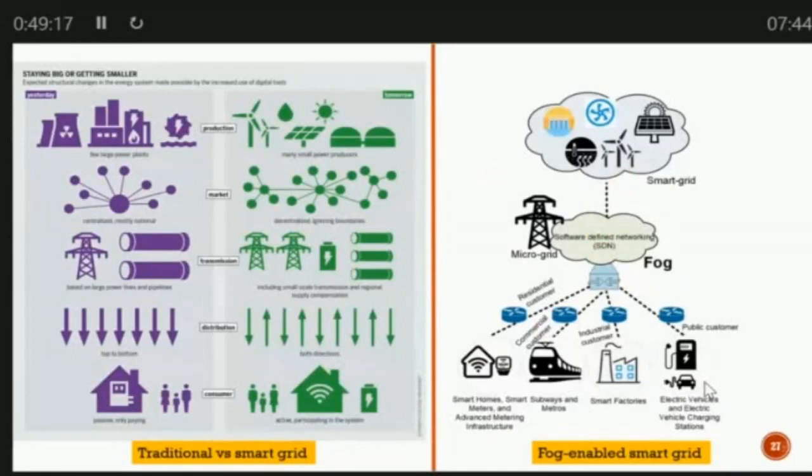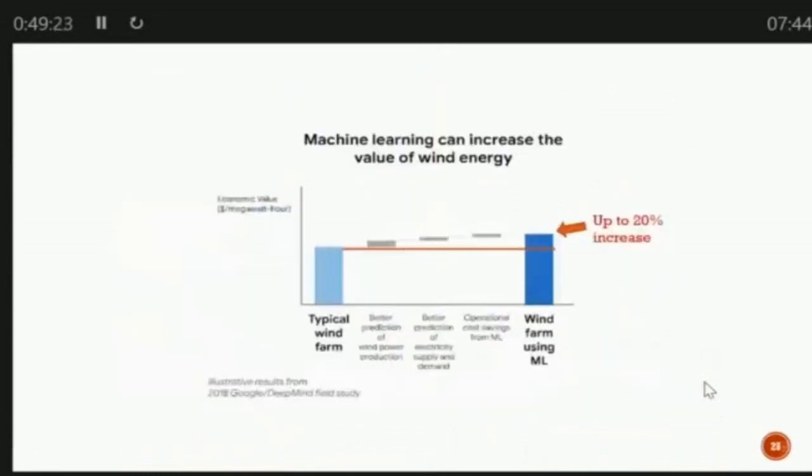This is one example of why this kind of technology is important in an industrial setting, especially in case of industrial IoT. As you can see here, Google is working on a project known as DeepMind, and based on that, they have claimed that if they perform machine learning related tasks, then they can enhance their capacity of receiving the energy or production of the energy by up to 20%.